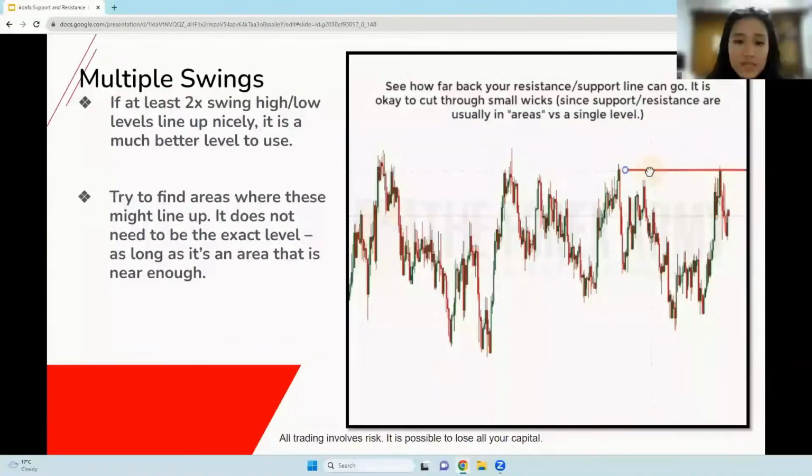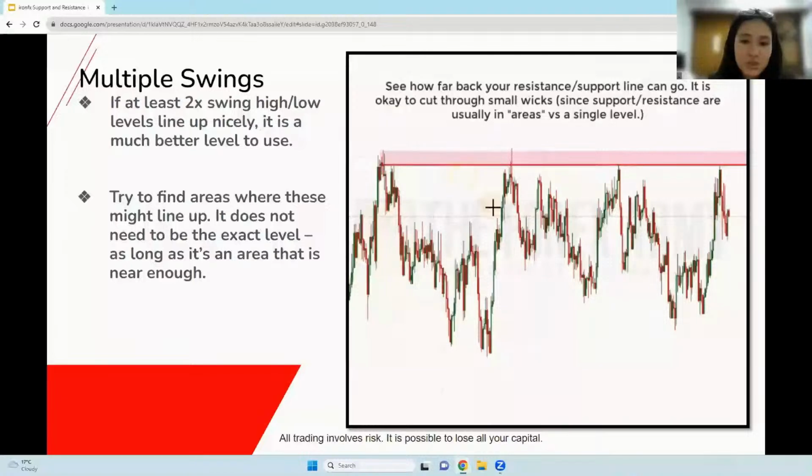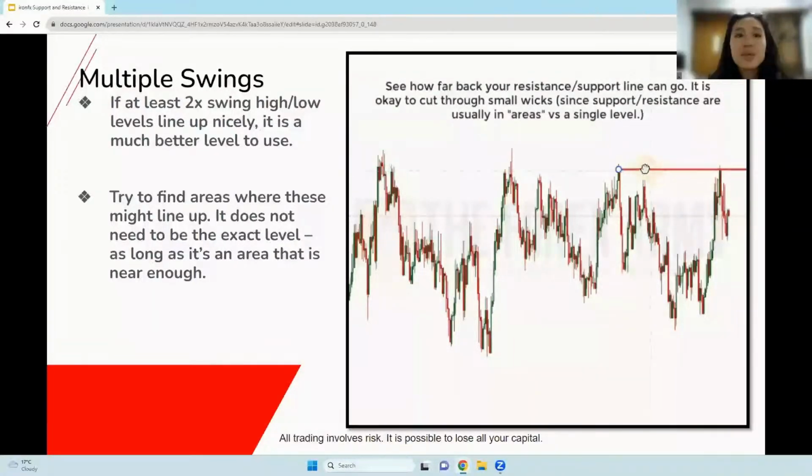So this is typically what you want to look for. We're looking for multiple swings. If at least two swing high or swing low levels line up nicely, these are typically much better levels to use. You should try to find areas where these might line up, and it does not necessarily have to be at the exact same level because these tend to be areas more so than levels.